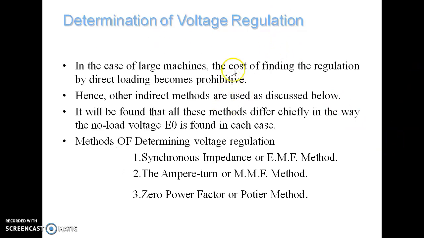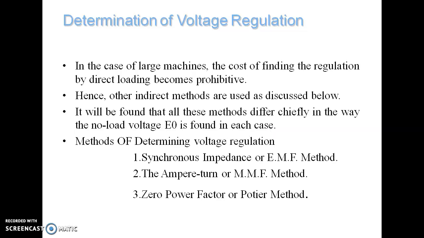So, how to determine the voltage regulation? In the case of large machines, the cost of finding the regulation by direct loading becomes prohibitive. Hence, other indirect methods are used, which are discussed below. It will be found that all these methods differ chiefly in the way the no load voltage E0 is found, because we have to find E0 only.